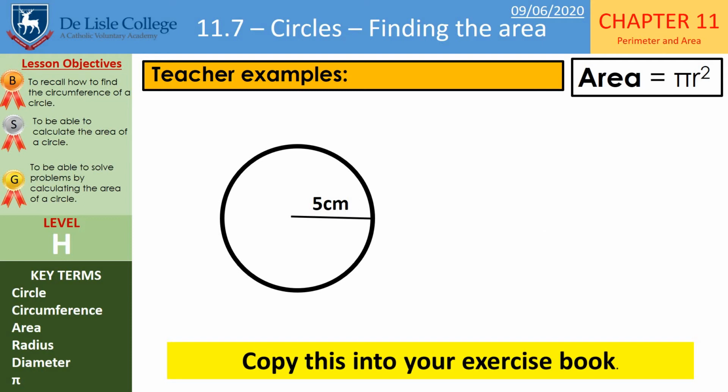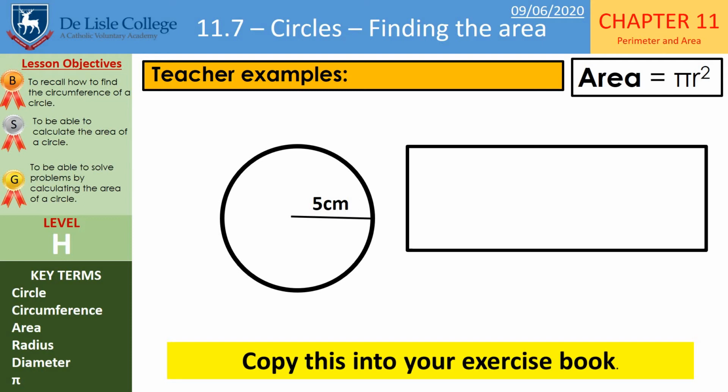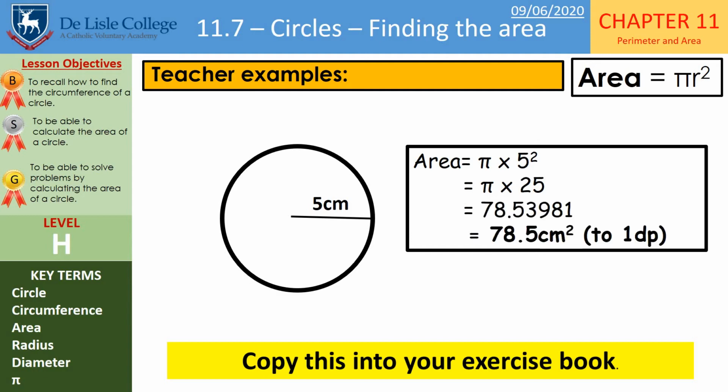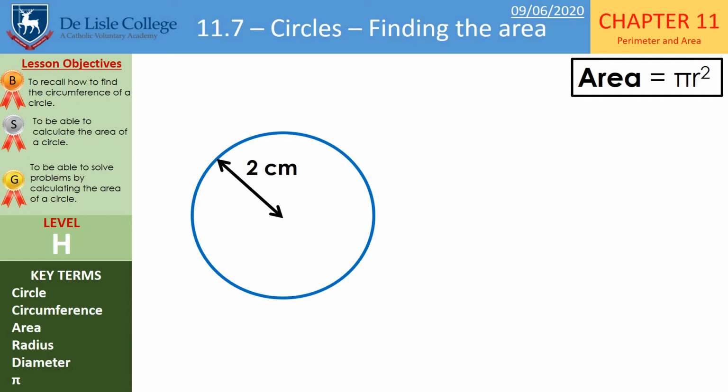Okay, so here's a second example. Pi times 5 squared, that's pi times 25. There's your long decimal, and that rounds to 78.5 centimetres squared to 1 decimal place. If you wish to copy that one down, pause the video. Okay, here's the third one.